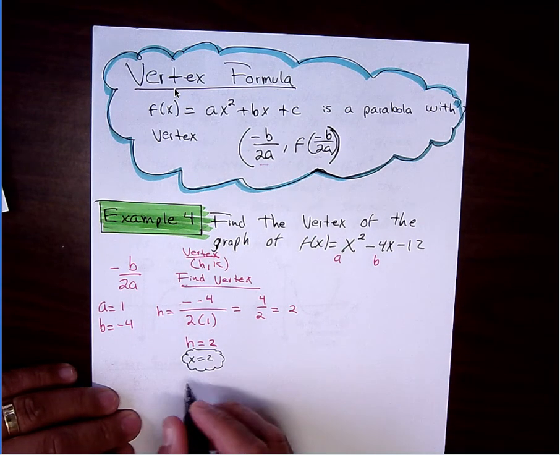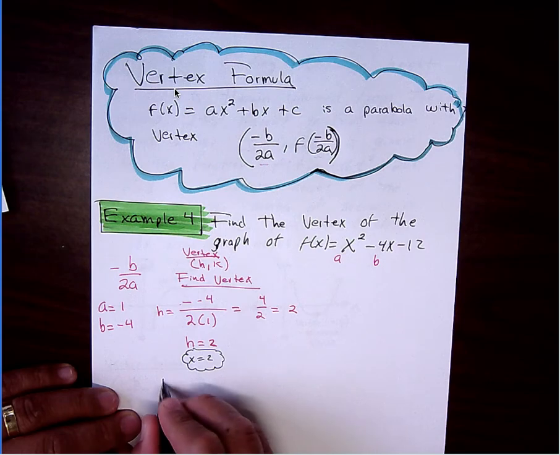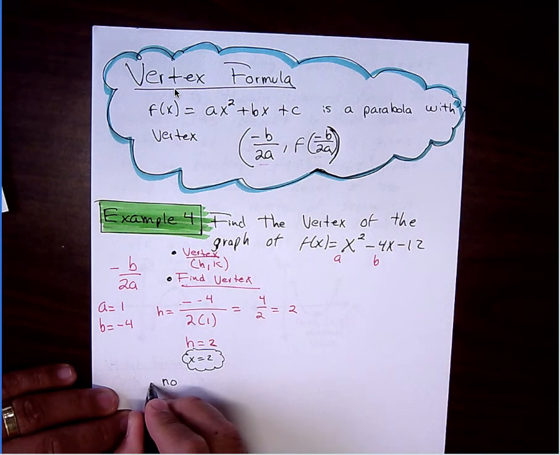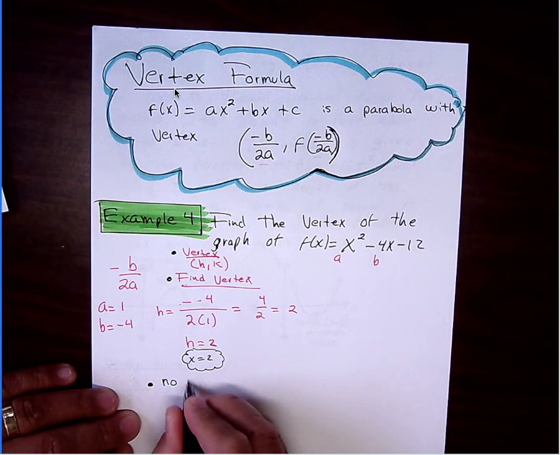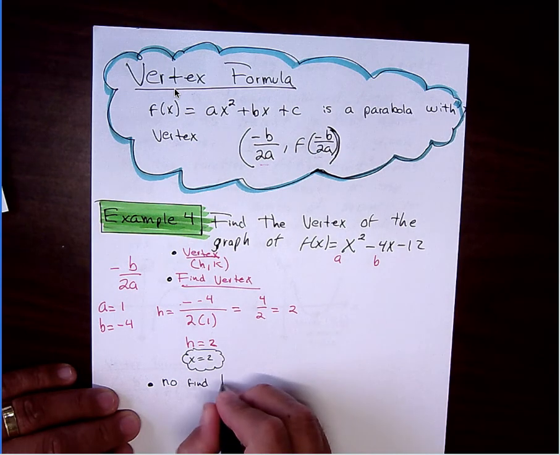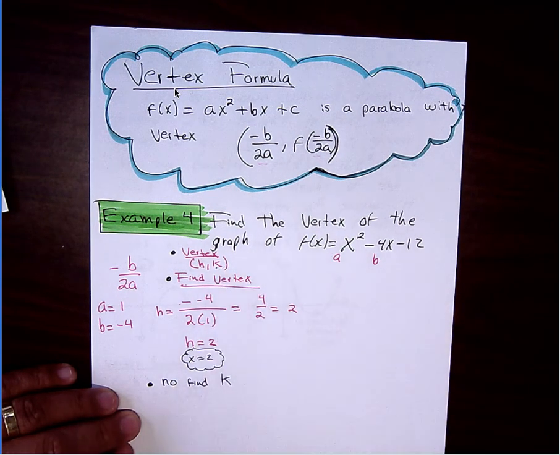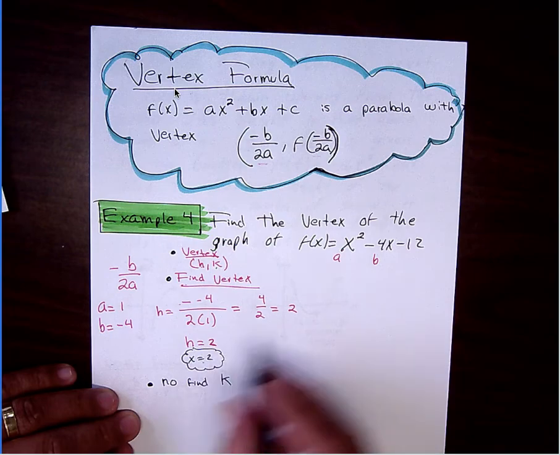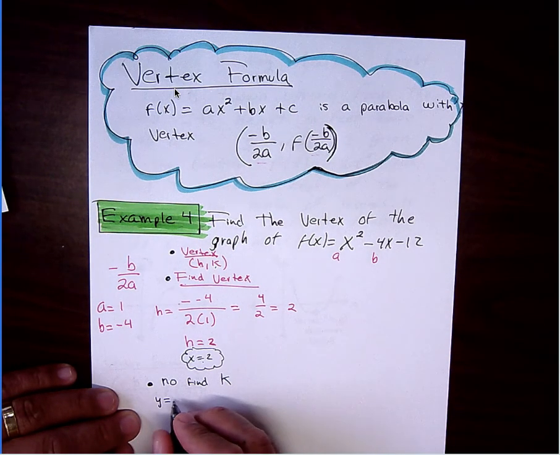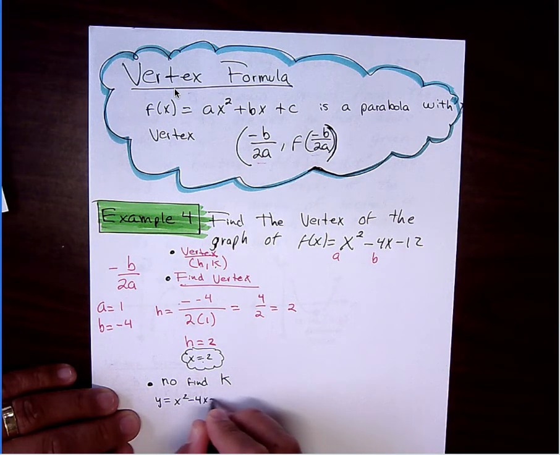So now this is another point, this one. So now find k, which is this part. To find k, we're going to substitute that into that. So I'm going to put y equals, I'm going to make that a y just to make it easy. I'm going to rewrite it so that you know what I'm doing.